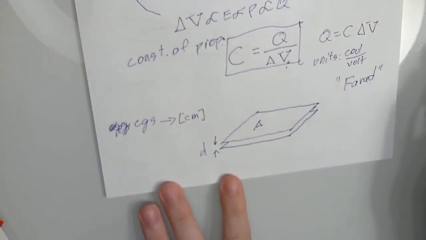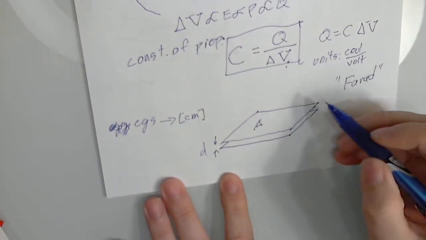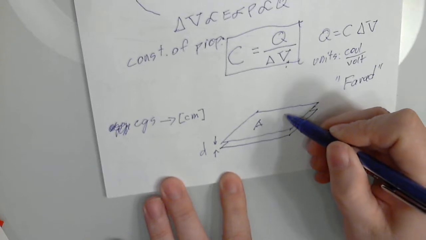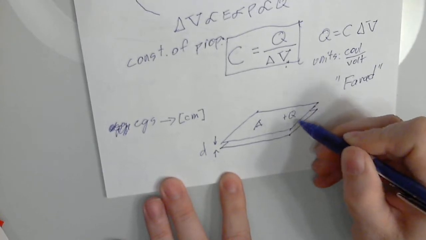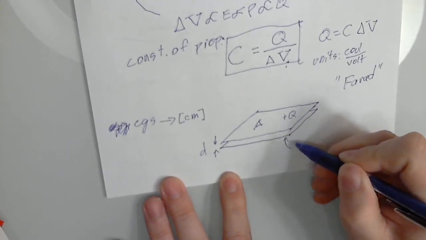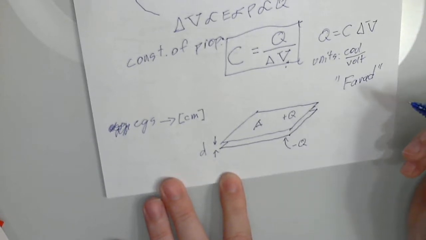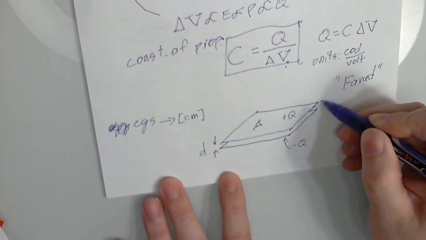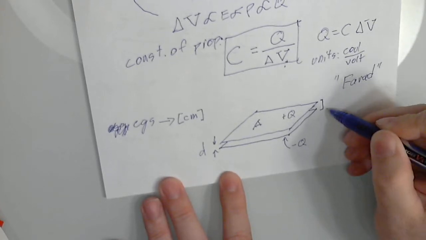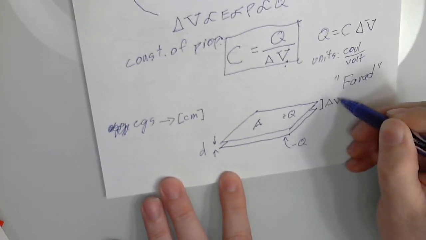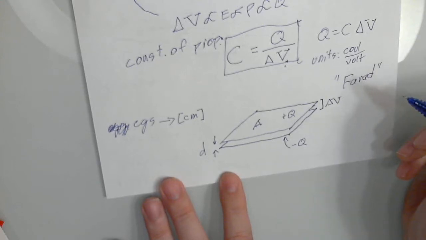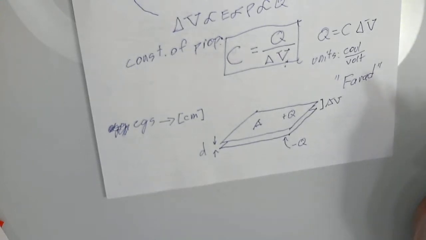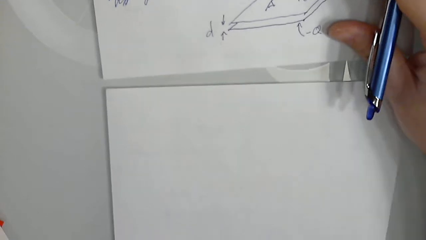Well, let's think about the charges here first. Let's suppose that the upper plate has a charge plus Q on it, and the lower plate has a charge minus Q on it. In order to calculate the capacitance, we're going to have to calculate the electric potential difference from one of these plates to the other. Well, how are we going to proceed?